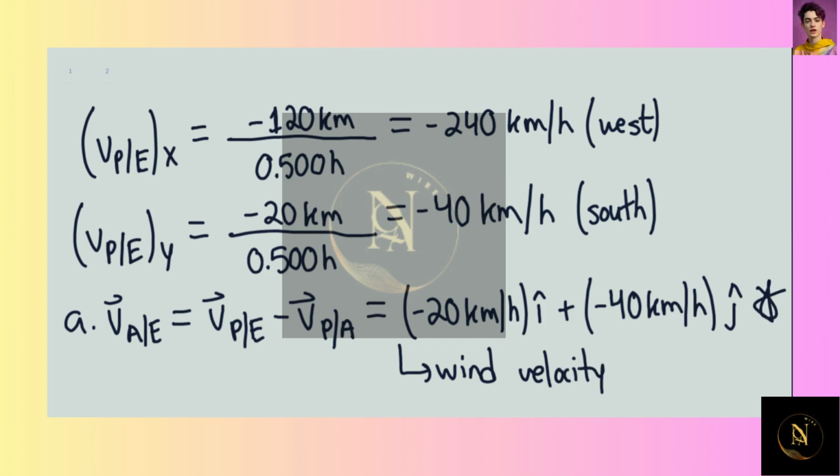Now, for part B, it's asking us, my apologies, we're not done with part A, in the sense that we found it in unit vector form. We need to find the magnitude and the direction.